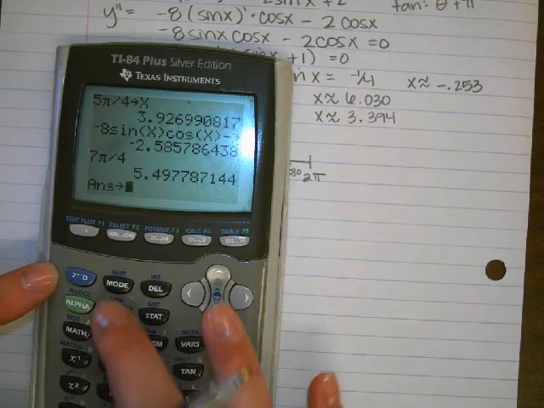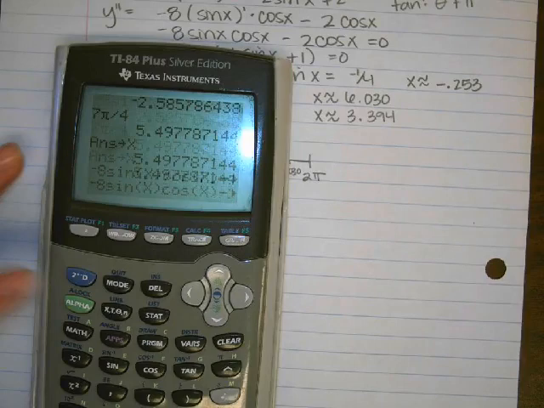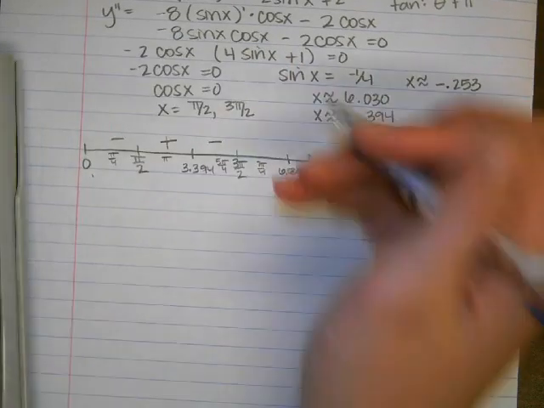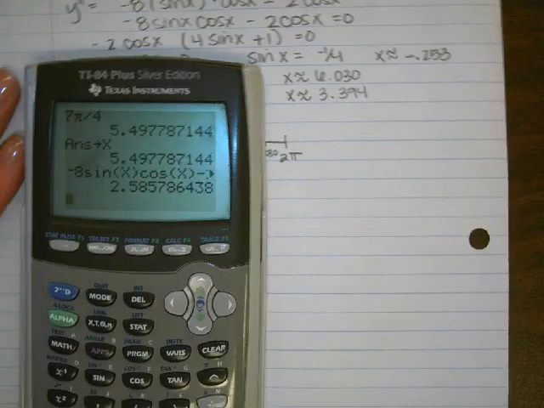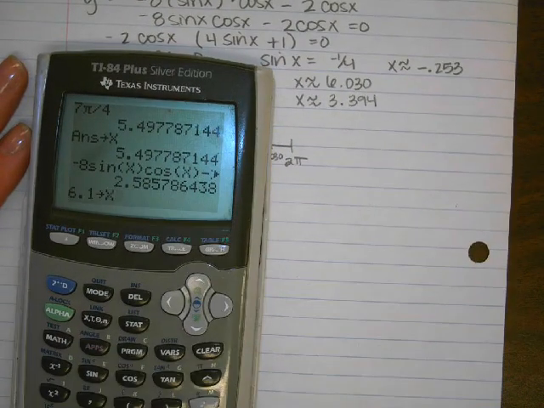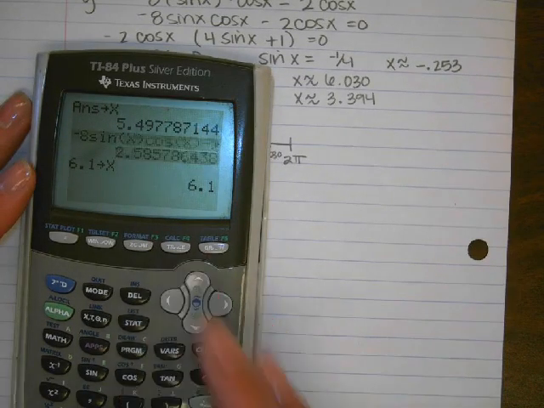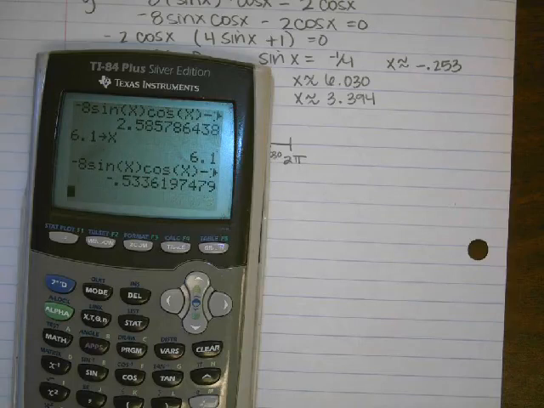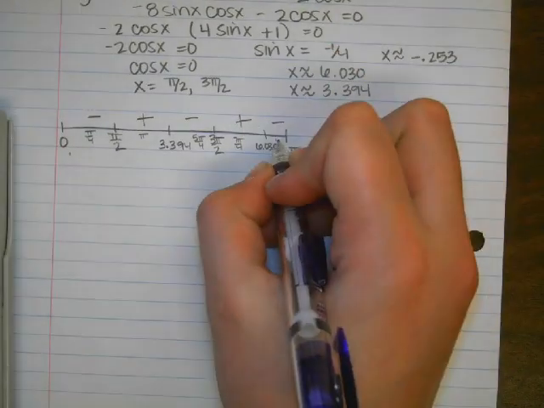And store that as x, and then I'll plug it in again. It's positive. And then it was 6.030, I'm just going to use 6.1 and store that as x for the last one. I forgot to write a number in that interval. All right, and that's negative. I'm going to write real small 6.1.